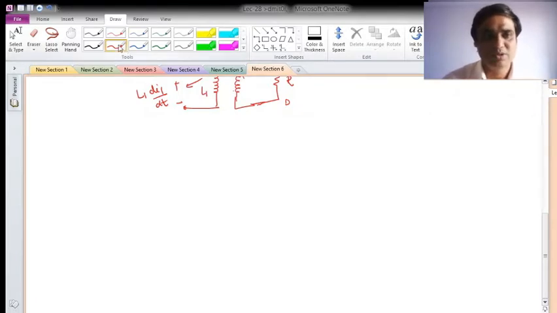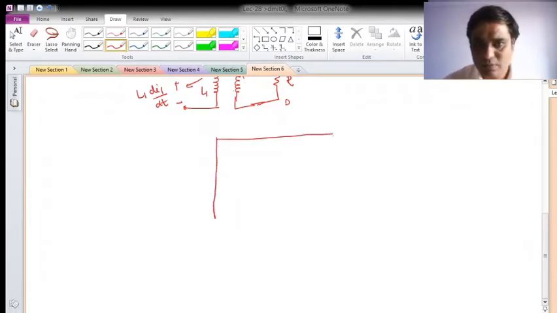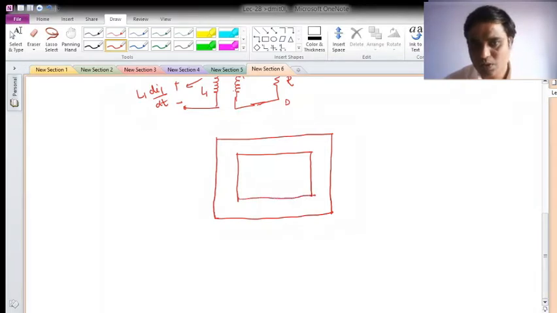In order to decide whether C is positive or negative, let me draw the magnetic core once more. Suppose I have the sense of windings like this, wire wound on it, and here I have the wire wound like this.